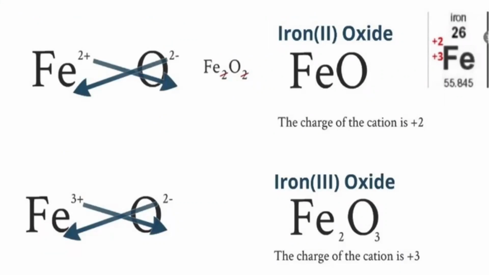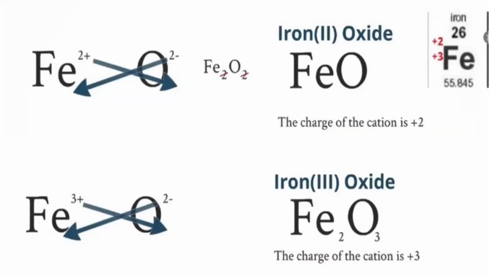All you have to do is write it down as its charge. And then oxygen is -2. Since they are balanced, 2 and 2, you cancel them out. Since they are balanced, just write down the chemical formula of iron(II) oxide.